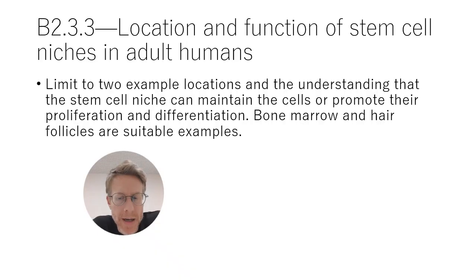We know that a zygote is a stem cell. Early embryos have many stem cells that can become many different cell types, but we still have stem cells as adults. And those stem cells live in these areas called stem cell niches in adult humans.